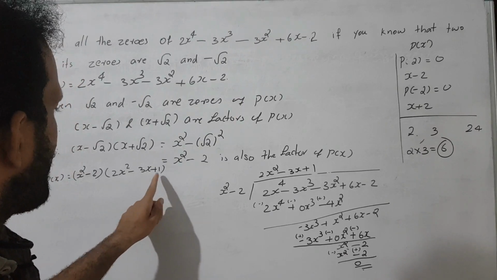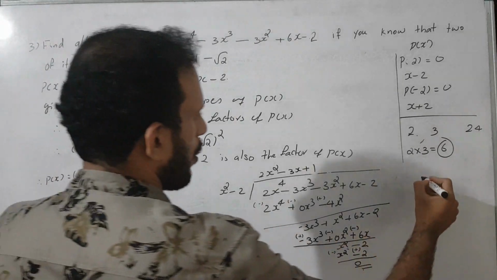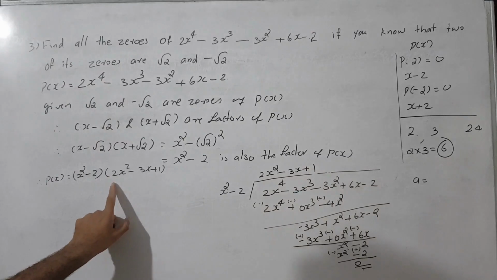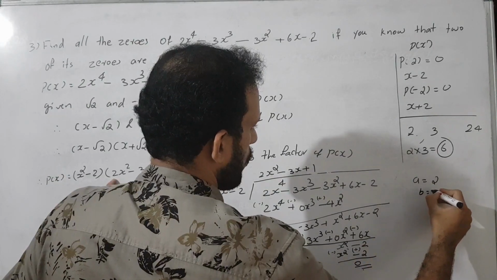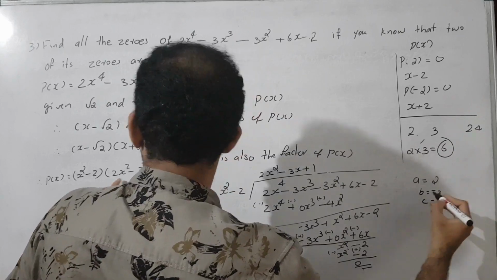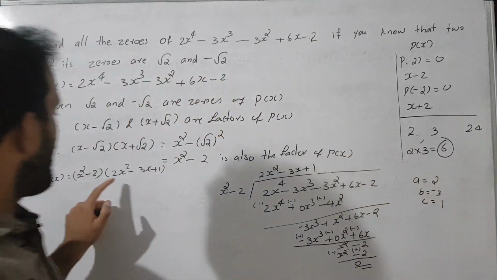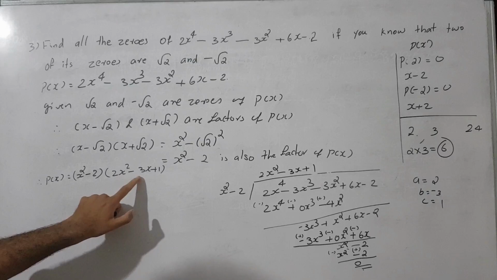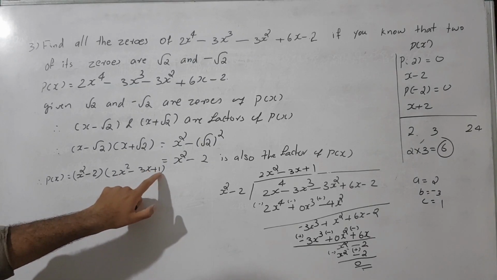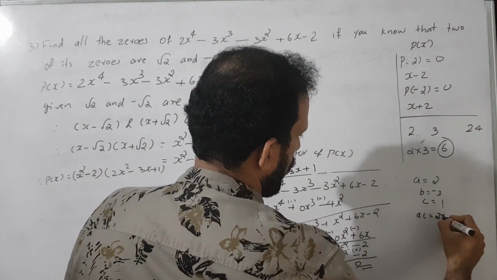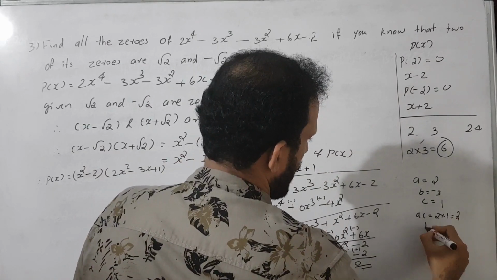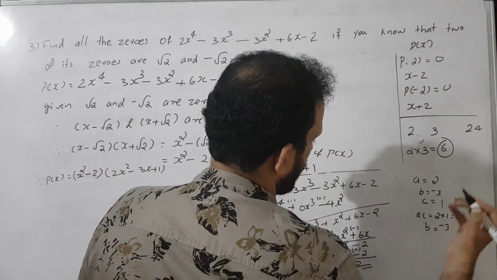Then 2x square minus 3x plus 1: we take only the quadratic, a is equal to 2, b is equal to minus 3, c is equal to 1. Then ac is equal to 2 into 1 is equal to 2 and b is equal to minus 3.